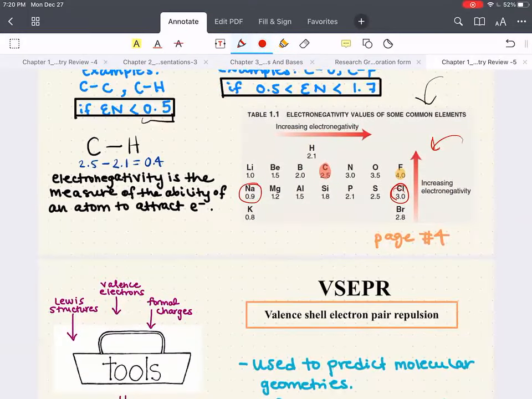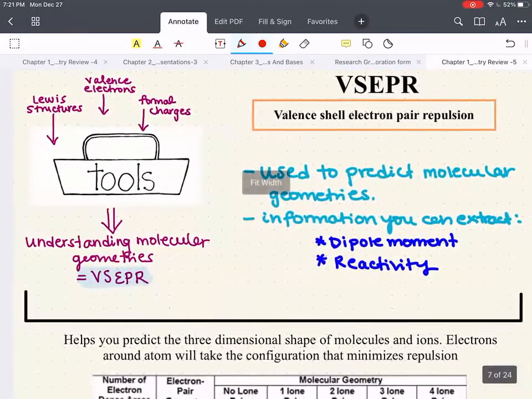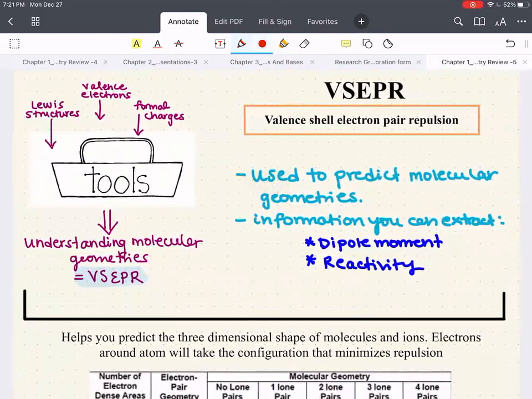Now, with everything that we've learned to help us understand and properly draw molecules using Lewis structure, we can talk about VSEPR theory. VSEPR stands for Valence Shell Electron Pair Repulsion theory, and it's a model used in chemistry to predict the geometry of individual molecules from the number of electron pairs surrounding the central atom.